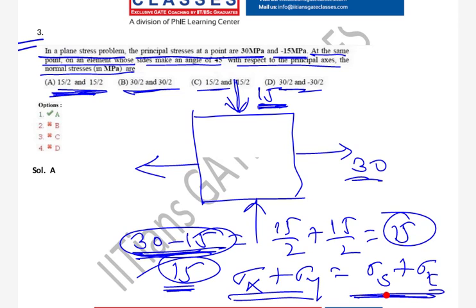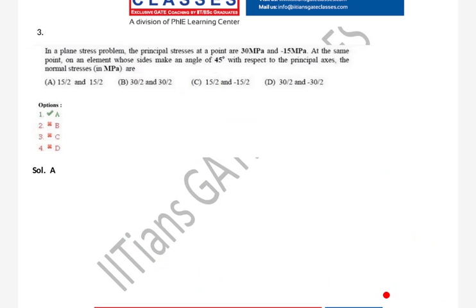Okay, other way we can use the transformation matrix. Now here one thing is confusing. They told it makes a 45 degree angle with the principal axis, but we do not know if it's clockwise or anti-clockwise.